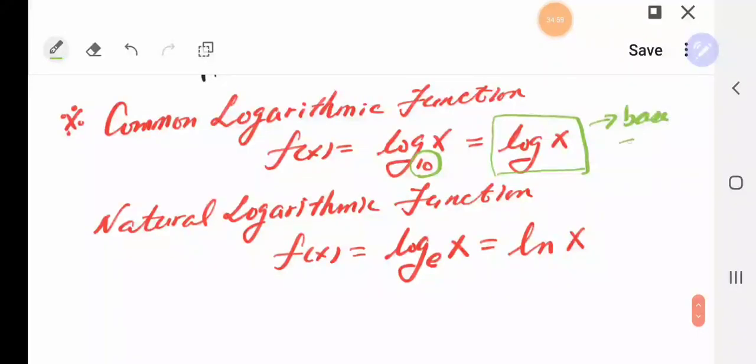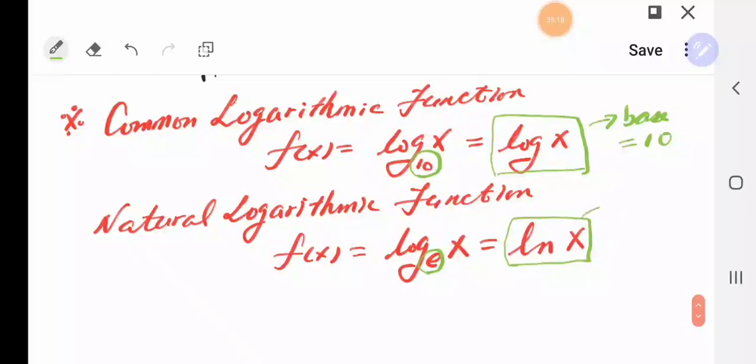So this means base is always 10. Okay, how about if the base is e? If the base is e, then we use ln. Ln is natural log. Instead of logarithm, we use ln, natural log of x. So we call this natural logarithm.